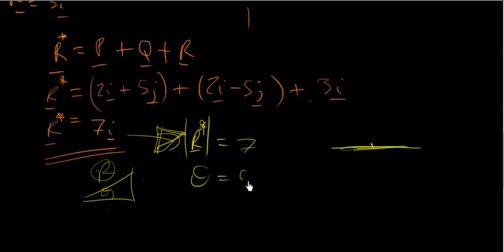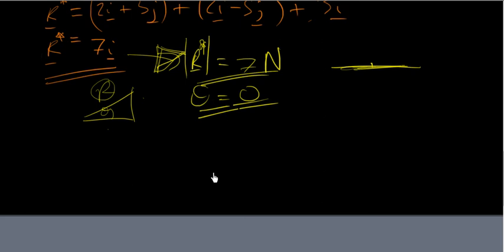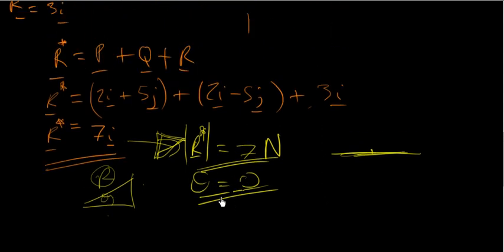It's perfectly along there. So 7 and 0. And since it was in newtons, we've got to add this here, because the question is written in terms of forces. So hopefully that makes sense.